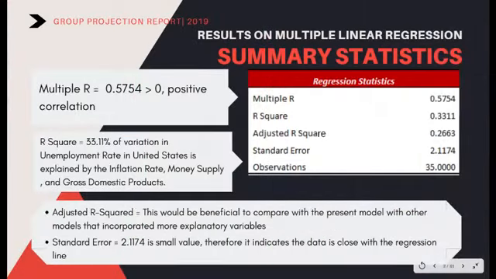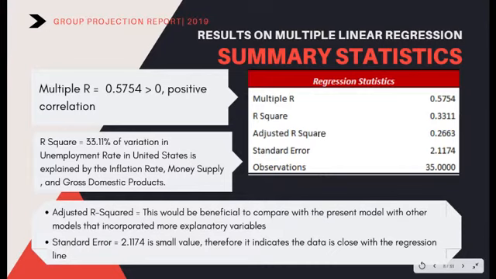In the summary statistics, multiple R is equal to 0.5754, which is more than 0, so it indicates there is a positive correlation between the dependent variable and independent variables. The R squared is equal to 0.3311, which means 33.11% of variation in unemployment rate in the United States is explained by the inflation rate, money supply, and gross domestic product.